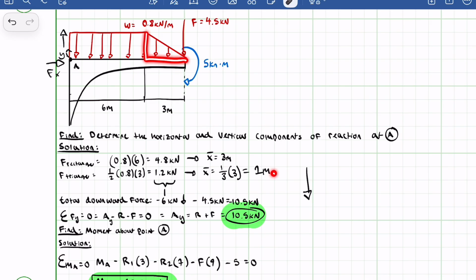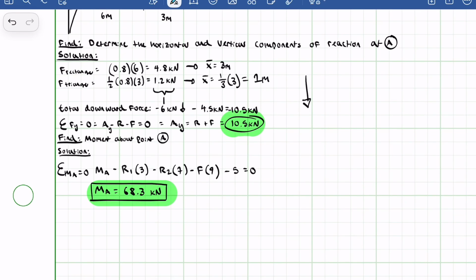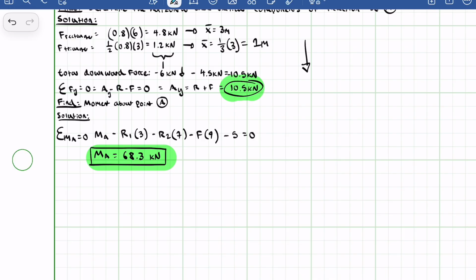You know its centroid is at 1 meter, right? And we're going to use that centroid to find the total moment around point A that all of this distributed load causes, right?